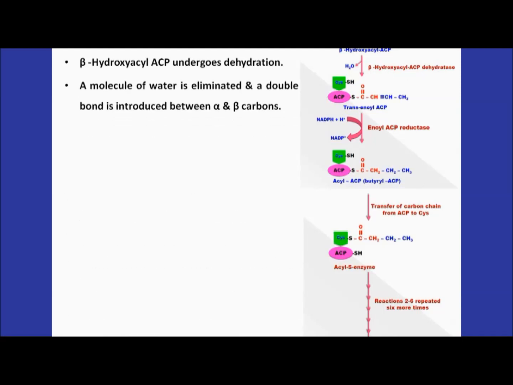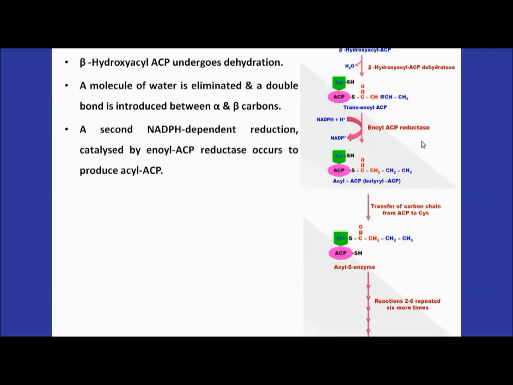A molecule of water is eliminated, and a double bond will be introduced between the alpha and the beta carbon, right? Here you can see a double bond introduced between the alpha and the beta carbon. This is the alpha carbon, close to the functional group, and this is the beta carbon.